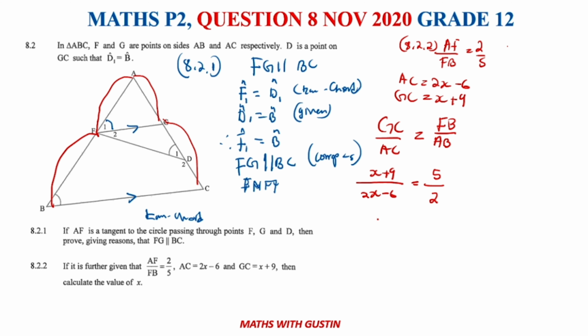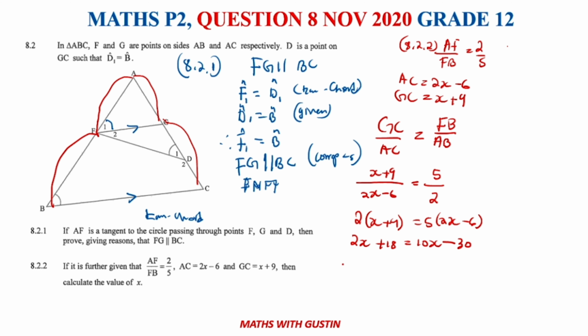Okay, great stuff. So now what we can do here is do the algebra, cross multiply, and see what is what. Cross multiply here: 5 times (x plus 9) is equal to 2 times (2x minus 6)... Let me redo it: x plus 9 is equal to 5 into (2x minus 6), so x plus 18... no, x plus 9 is equal to 10x minus 30.